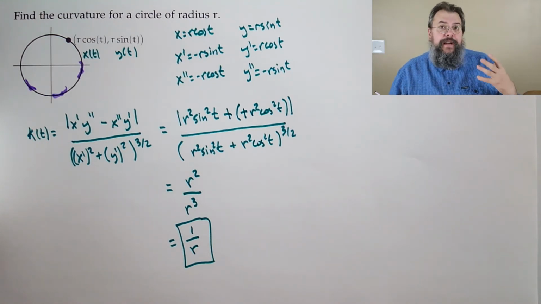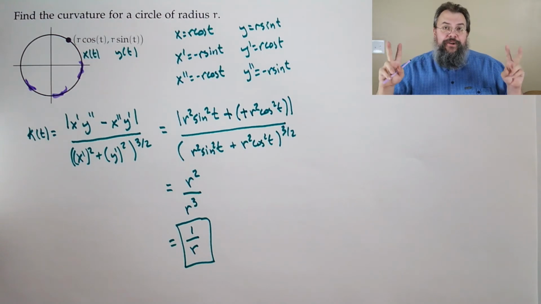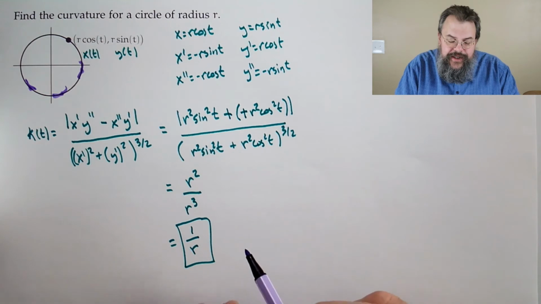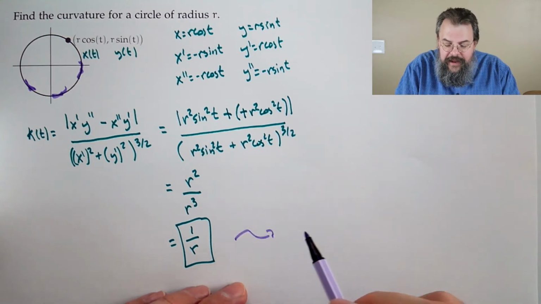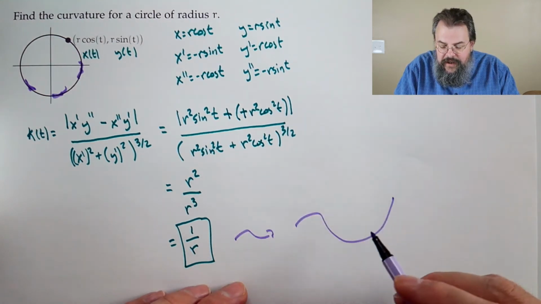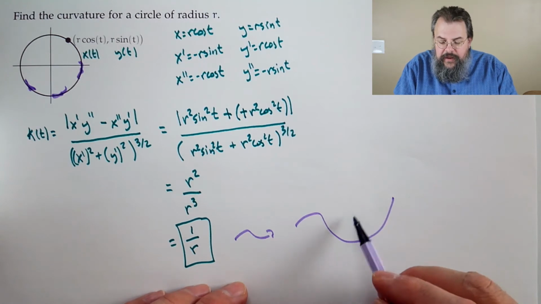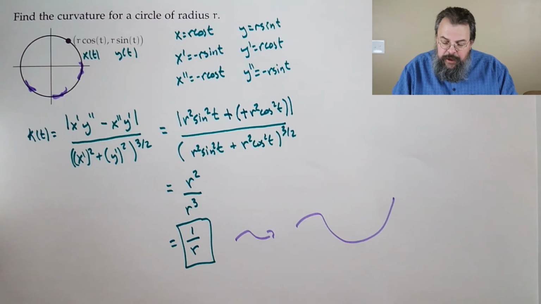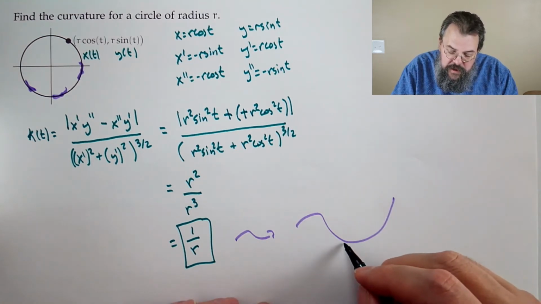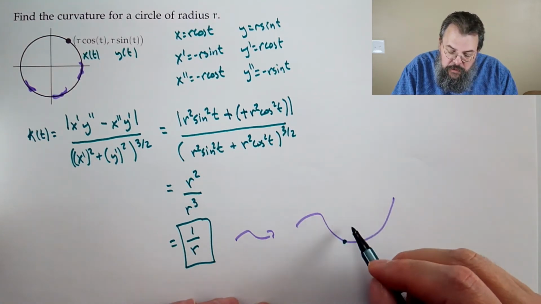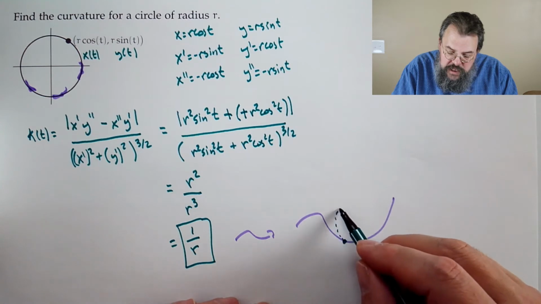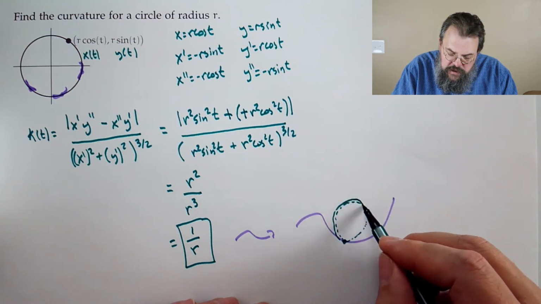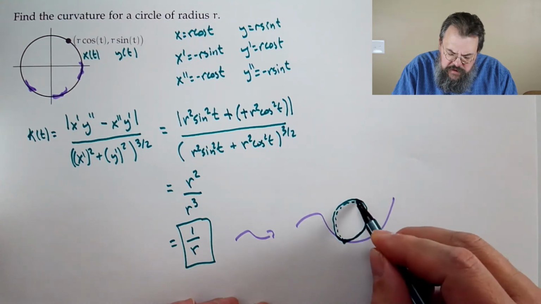But now we are also able to more explicitly state, when we talked about how curvature looks like a circle, that in general, if you have a curve here and you want to know what's happening with the curvature at a particular point, the curvature says there's this circle that the curve looks like locally. Maybe that's the circle here.